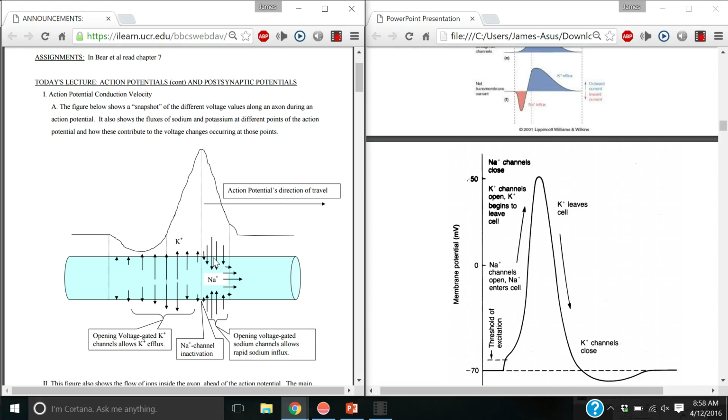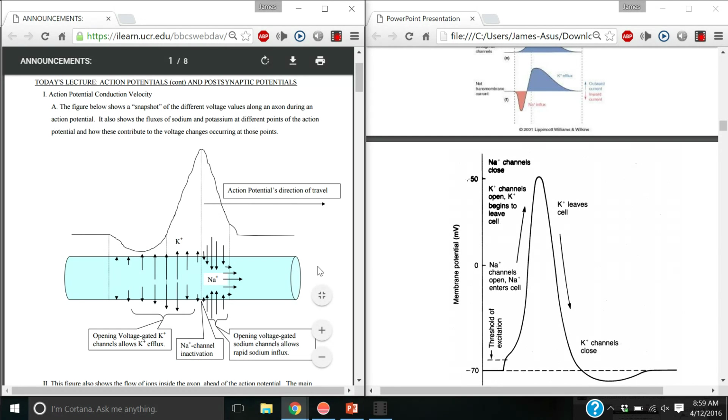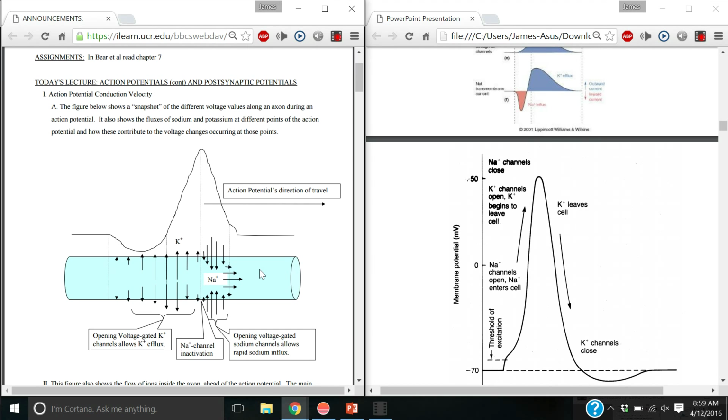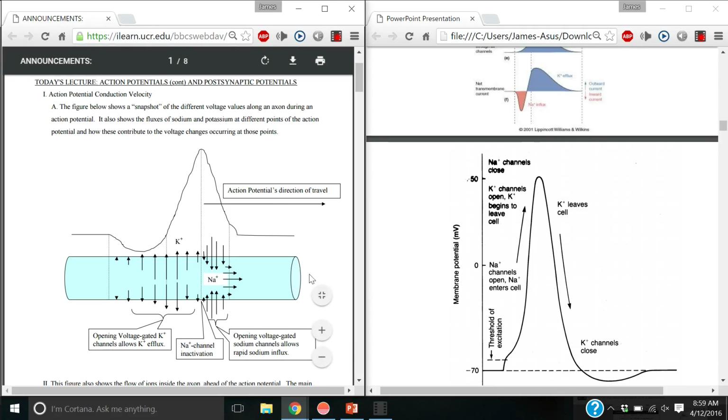And just as a preview of conduction velocity, it is the flux of the positively charged ions, mostly sodium, flowing ahead of this rising phase that is causing the action potential conduction. I'll go back over this in more detail because it takes circling around, okay?